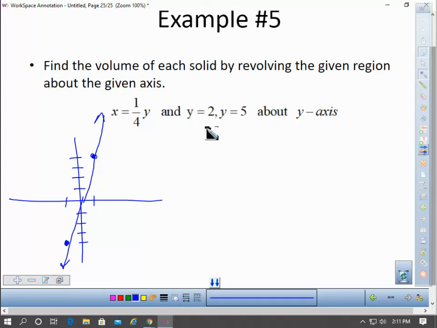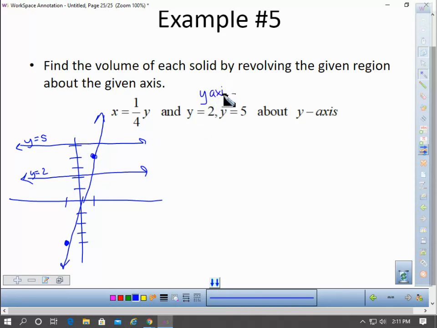All right. So now, then I've got y equals 2. Y equals 2 is a horizontal line. And then y equals 5 is another horizontal line. So we're taking that region between y equals 2 and y equals 5 and the y-axis.